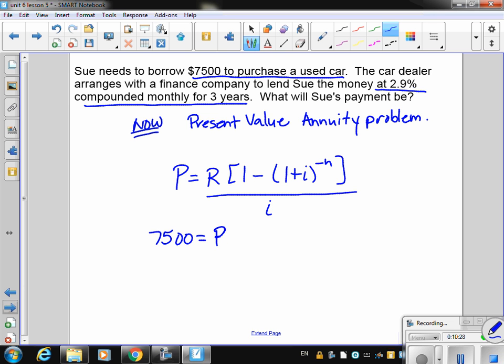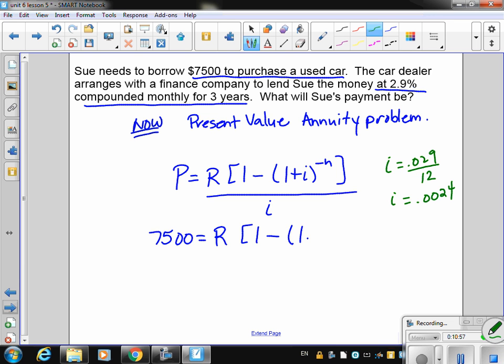Oh no, not this again. 1 subtract 1 plus decimal. I want my interest rate, which is 2.9%, but it's compounded monthly, so it's going to be an icky little decimal. Decimal 0.029 yearly rate divided by 12. So our interest rate will be decimal 0.0024.